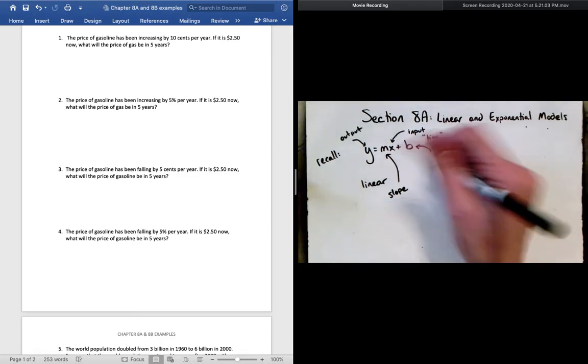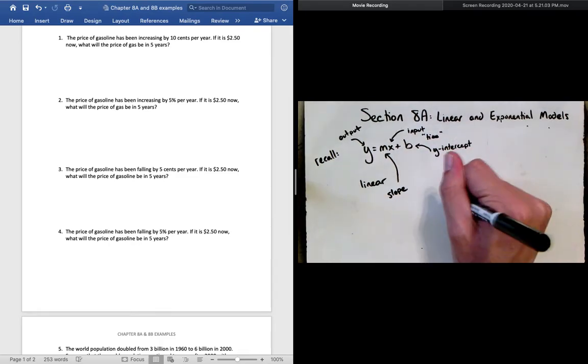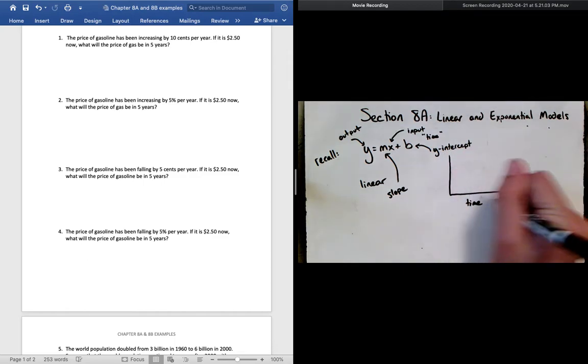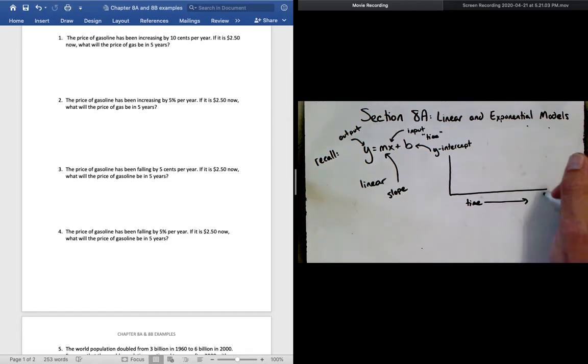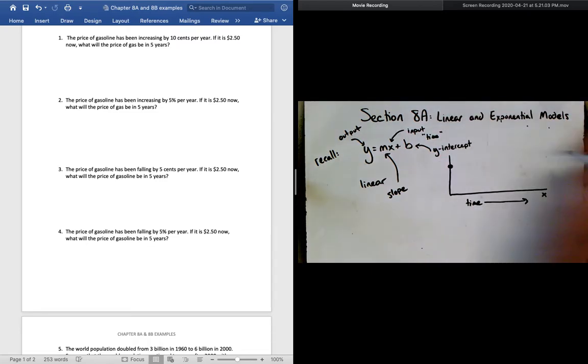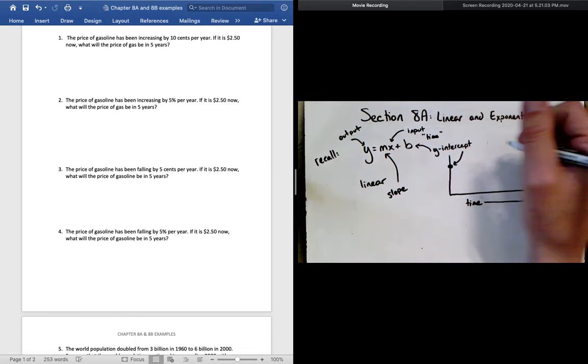The role of the y-intercept is a little different in the linear model, because x is being represented as time. So along the x-axis, when you cross the y-intercept located along this axis, we can refer to this intercept, the y-intercept, as our starting point.